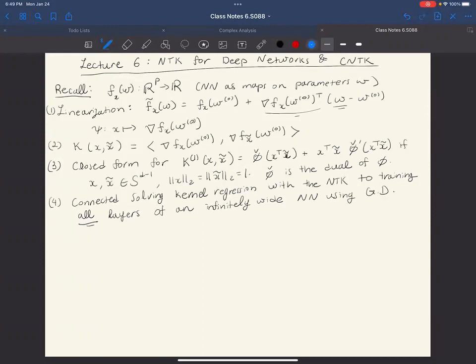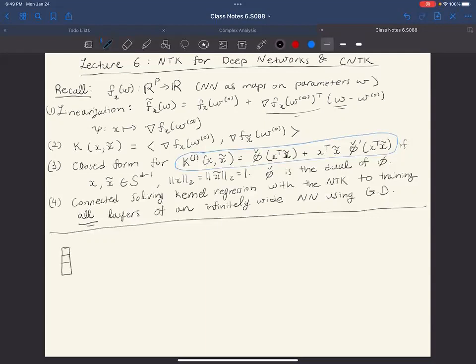What I want to emphasize now is we're going to take this formula for the NTK for a one hidden layer network, and we're going to recursively compute the NTK for a network with L hidden layers. And what does this actually look like? So what is a network with L hidden layers?